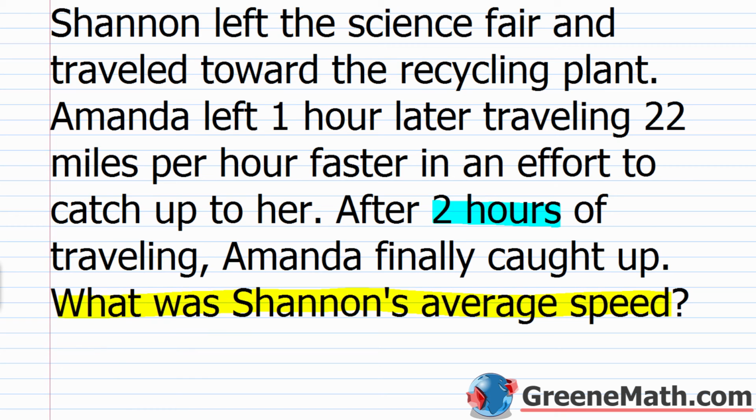Shannon left the science fair and traveled toward the recycling plant. Amanda left 1 hour later, traveling 22 miles per hour faster in an effort to catch up to her. Now, what I can do here, since Amanda is going 22 miles per hour faster, I don't know how fast Shannon's going. So I can use a variable to represent that.